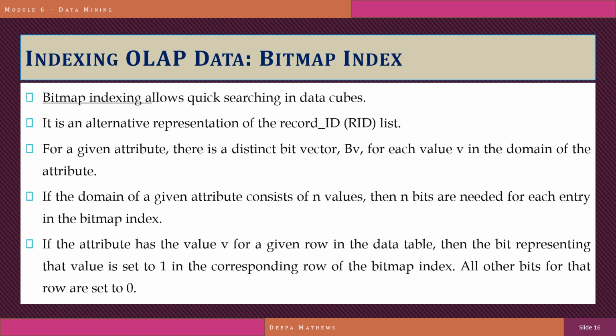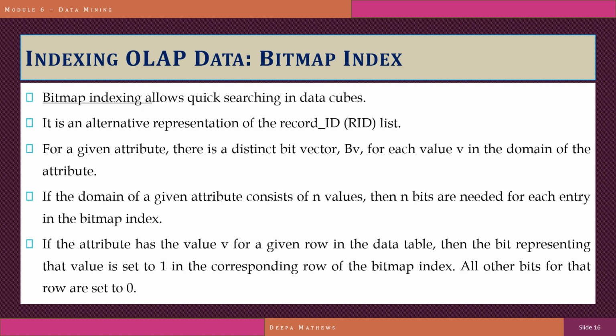So it consists of v values in the domain of that particular attribute. If the domain of the attribute consists of n values, then n bits are needed for each entry in the bitmap index. For example, if the domain consists of 3 distinct values for an attribute, then 3 bits are needed for each entry in the bitmap index.